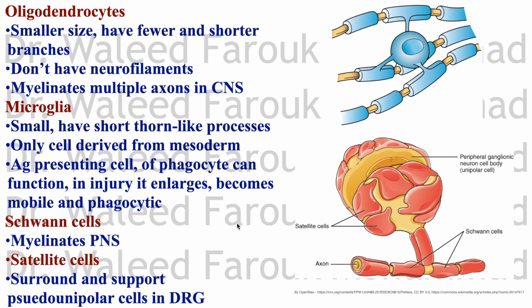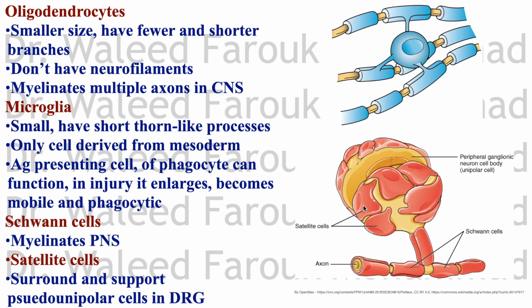They enlarge and become mobile and phagocytic. Schwann cells myelinate the peripheral nervous system. Okay, so the myelinating cell of the central nervous system is the oligodendrocyte, while the myelinating cell of the peripheral nervous system is the Schwann cell. Okay?